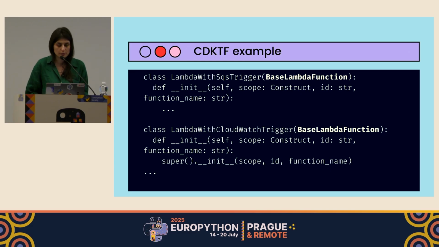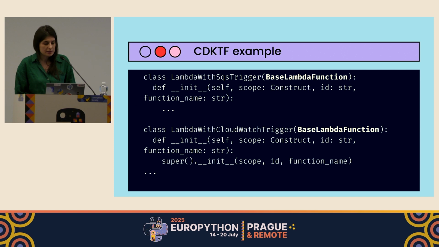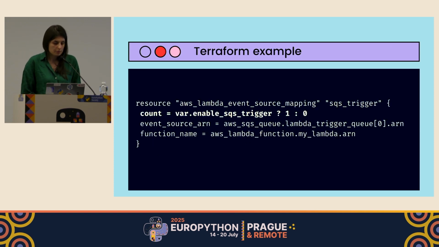And it's very useful because usually in Terraform, when I need to do this stuff, it's quite painful. Because who knows Terraform, you know that if you want to create something conditionally, you need to use count. And basically in count, you specify, okay, I want to enable SQS trigger, or I don't want to enable it. And depending on what I want to trigger, you need to define.